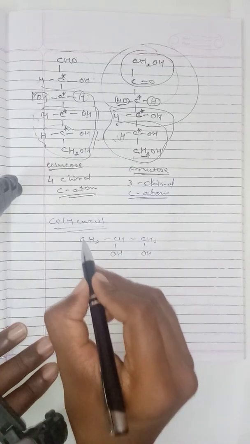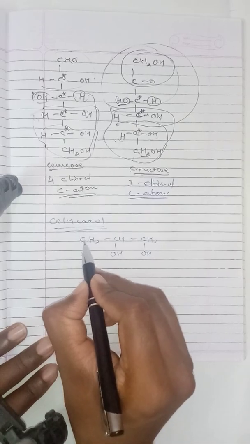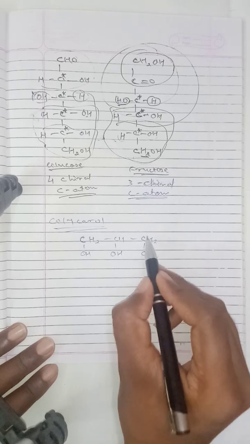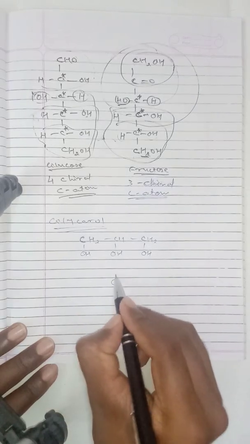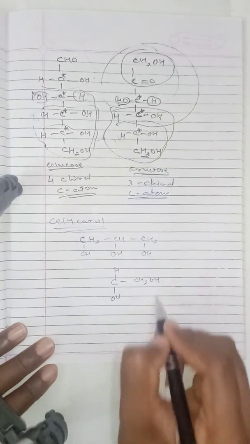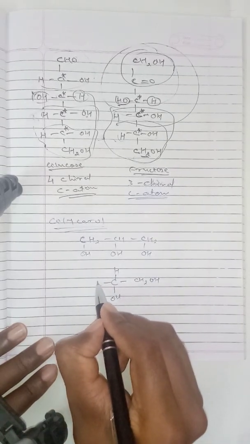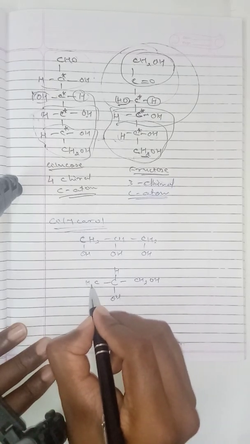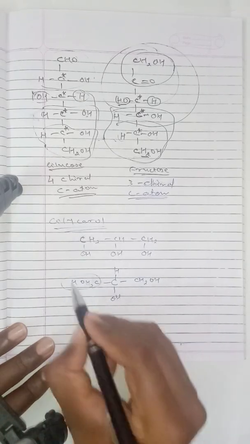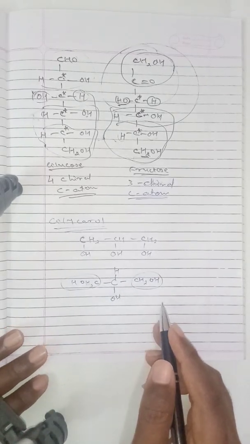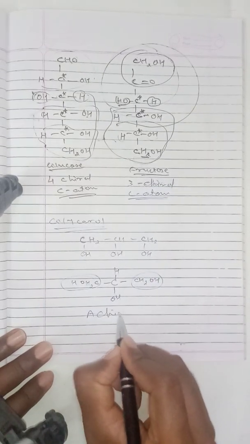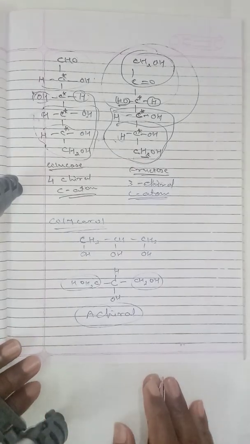Here the two hydrogen atoms are the same, so this is not a chiral carbon. The same condition is here. So let's check here, OH, CH2OH, and here this is also the same, it is said to be a chiral molecule.